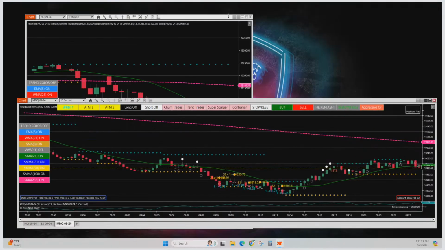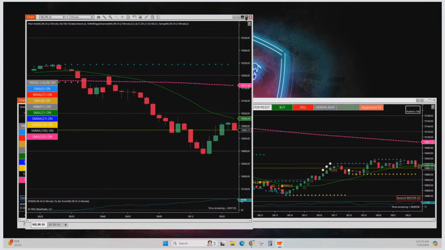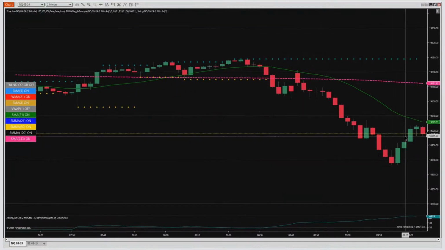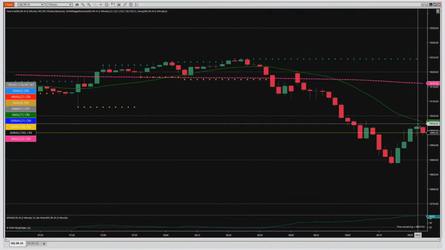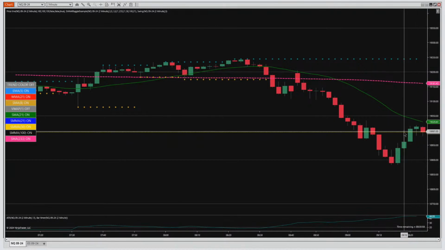Let's see what's happening in the 2-minute chart. So I think the market is returning from 21 SMA. I'm going to watch here further.